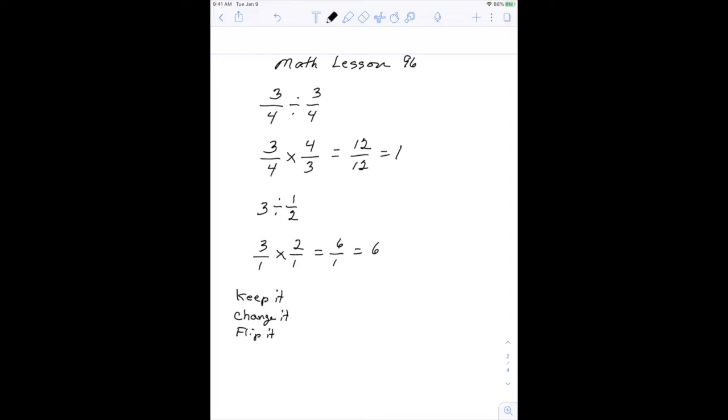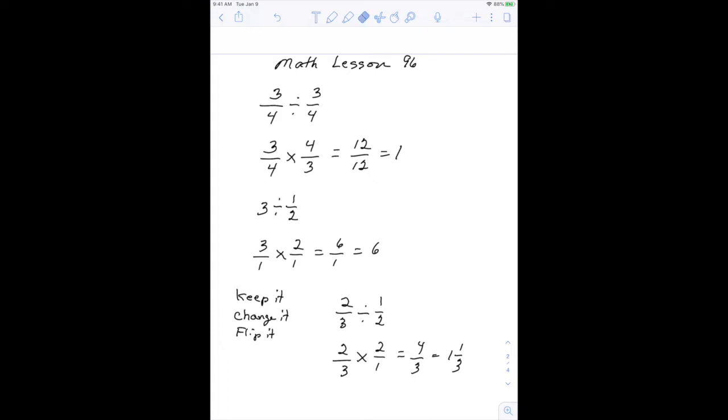If we want to divide 2/3 divided by 1/2, we would simply keep it, leave the 2/3, change it to multiplication, and flip it. And our answer would be 4 over 3, or 1 1/3. That would be an example in your book.